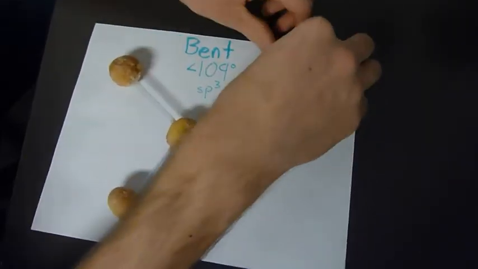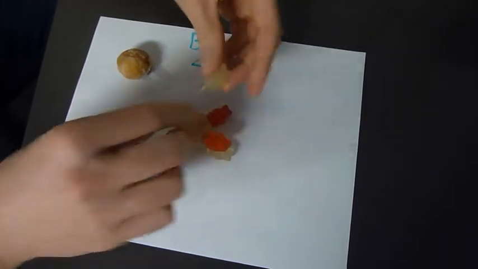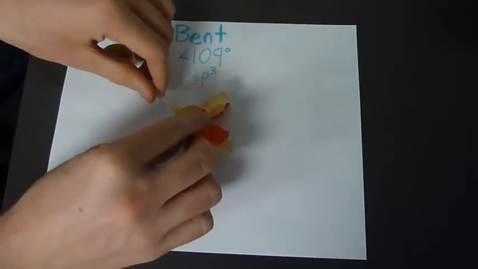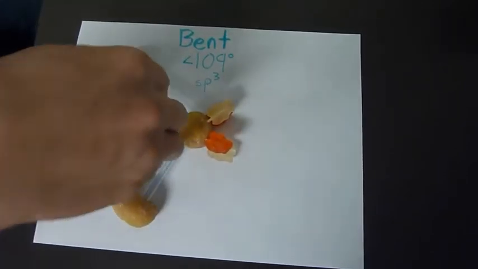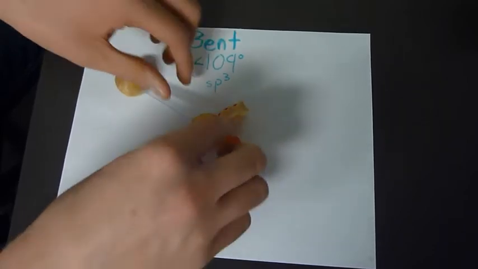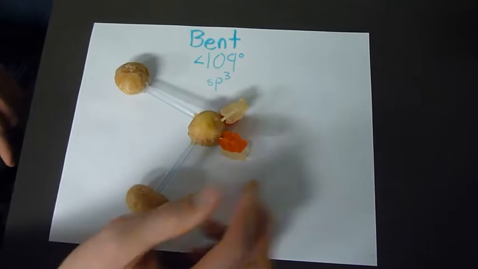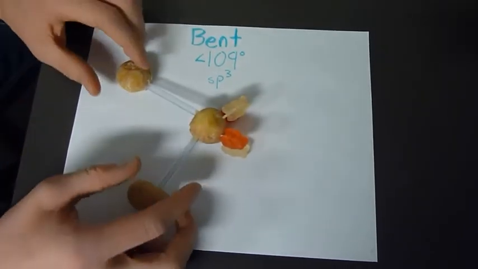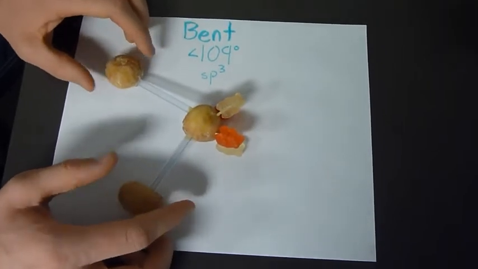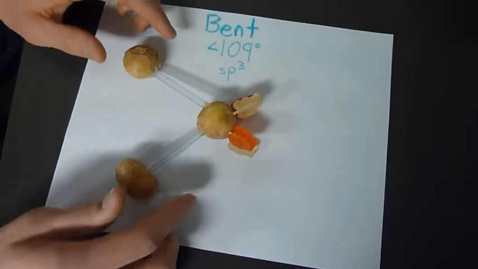There's 1 lone pair, and there's another lone pair. The hybridization on this one is sp3 because you have your 2 bonds and your 2 lone pairs, but the angle on this is less than 109 because again your lone pairs take up more space than your bonds, and 2 lone pairs would obviously take up more space than 1 lone pair, so it squeezes your bonds together even more.